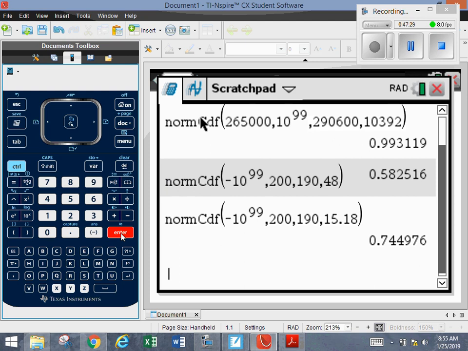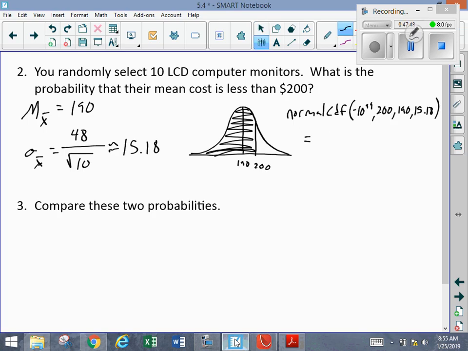The probability that the mean of that sample is less than 200 turns out to be much higher, I would say. That's considerably higher. 0.745.